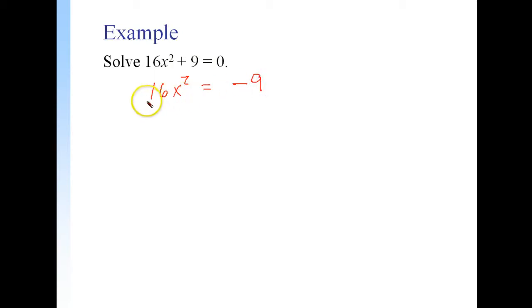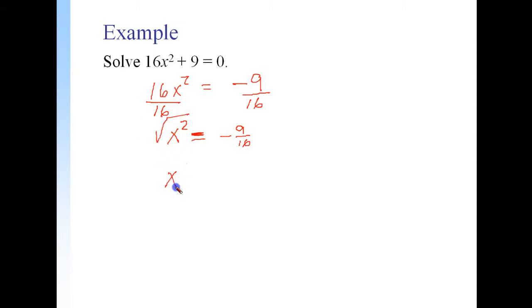Now we're going to isolate the x squared by dividing both sides by 16. Then we get x squared equals a negative 9/16. Now we take the square root of this side.